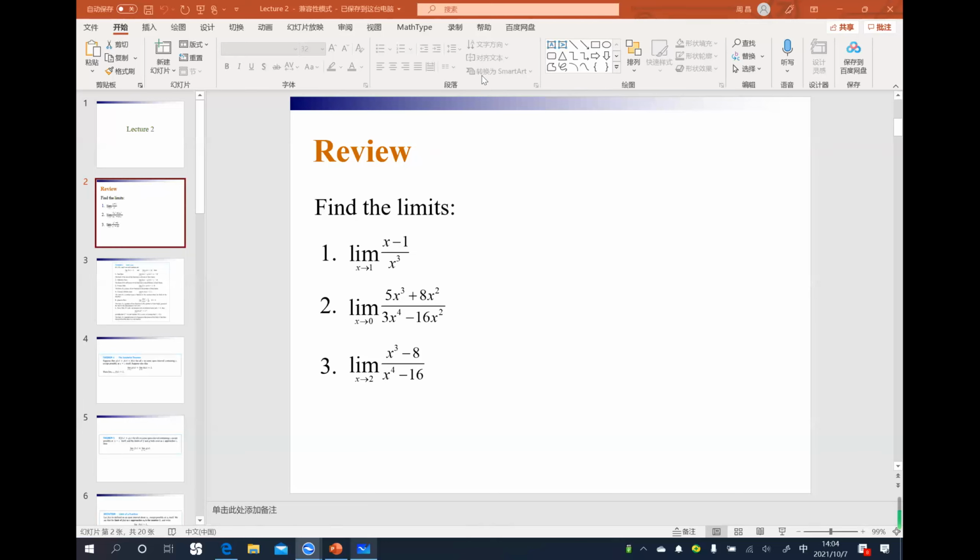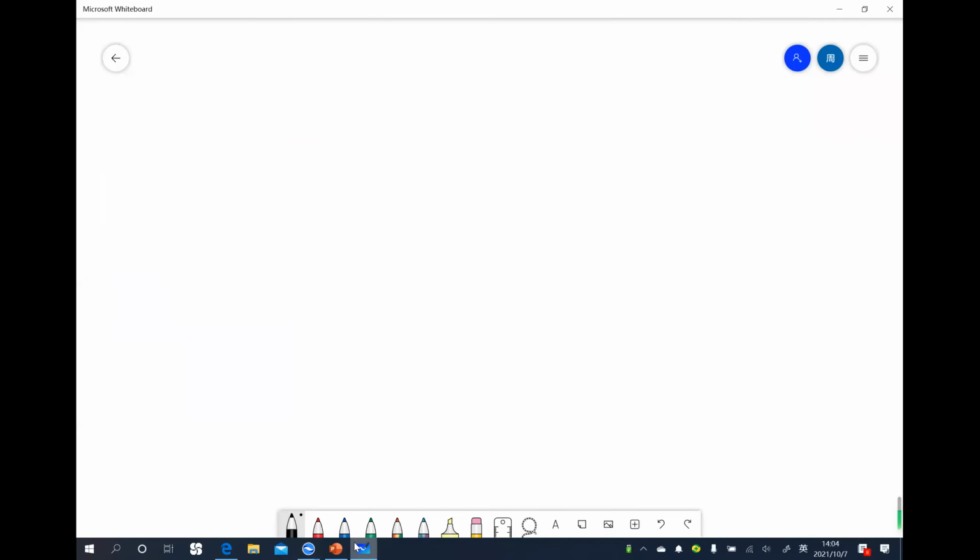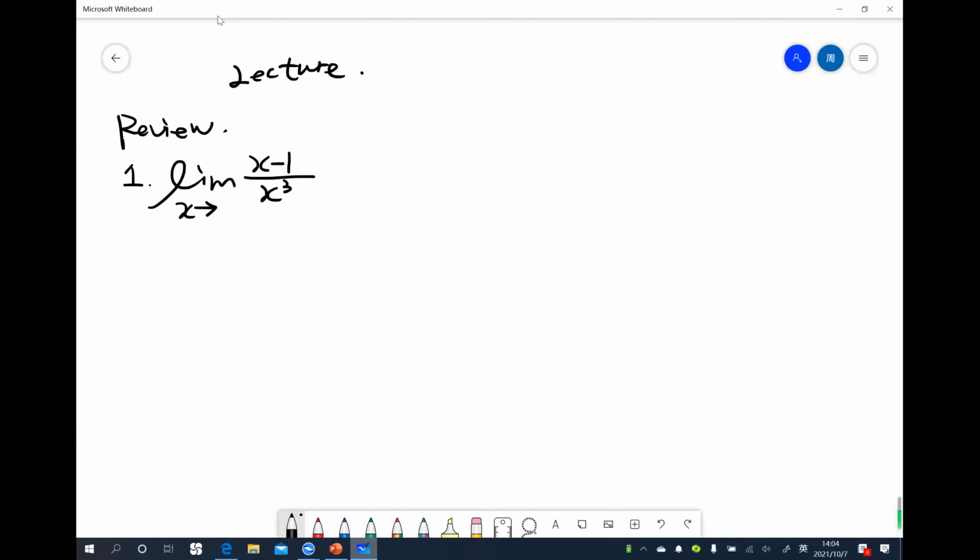Okay, I see most of you can finish the first one. So the first question, we just substitute x equals 1 into the function. I will write on the whiteboard here. For the review part, the first one: find the limit of the function (x minus 1) divided by x to the power 3 as x approaches 1.